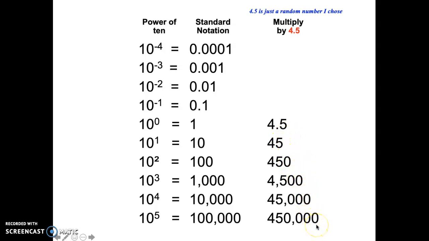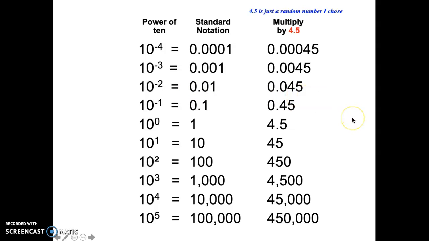Okay, let's take 4.5 and multiply by 0.1. I get 0.45. If I take 4.5 and multiply by 0.01, I get 0.045. And you can see what's happening. My numbers are getting smaller and smaller and smaller.